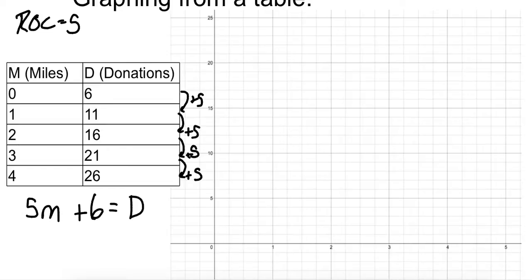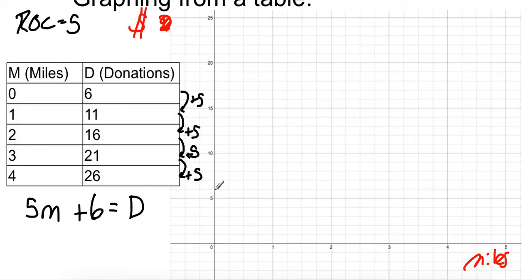Now here, you're going to see that we're not going to start at 0 like we did last time. Actually, we're going to start at 6. So right here, we're going to say these are the number of miles we complete. And over here are our donations. I'm just going to use a dollar sign for donations up here.